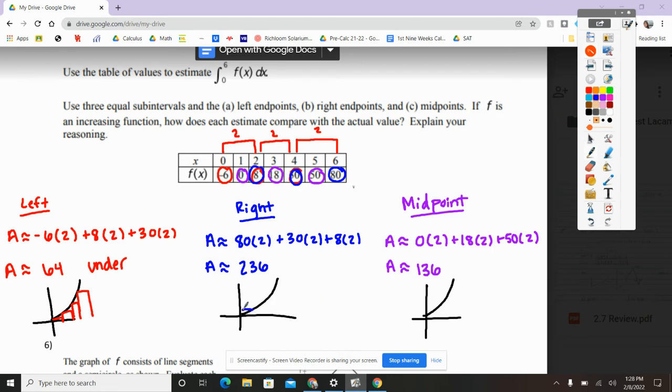But if you draw it where the right is, notice it's going over the line. So this one would be an overestimate. And then midpoint somewhere in between. So the middle of your rectangle is on the line. This one's a little harder to draw, but it's somewhere in between. We can't really tell exactly what.